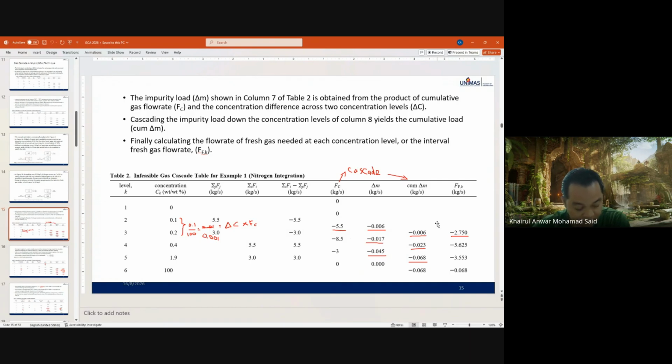Last is to identify the minimum fresh utility, and then calculate the interval fresh gas flow rate using FF equal to cumulative delta M divided by CK minus CM.